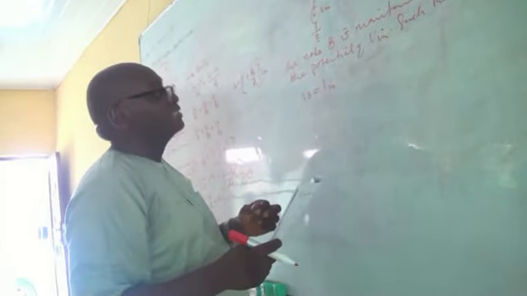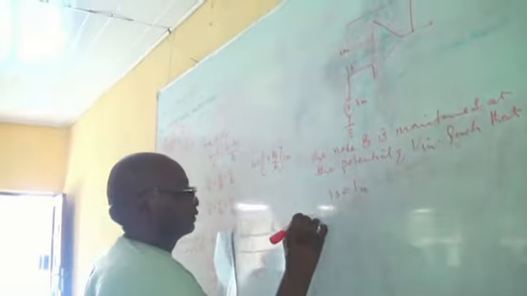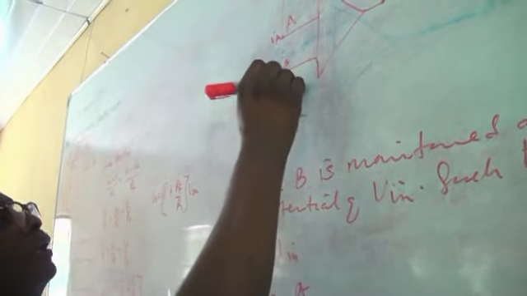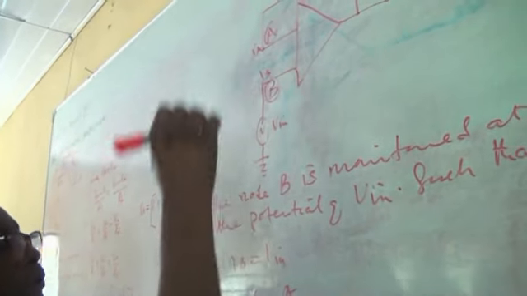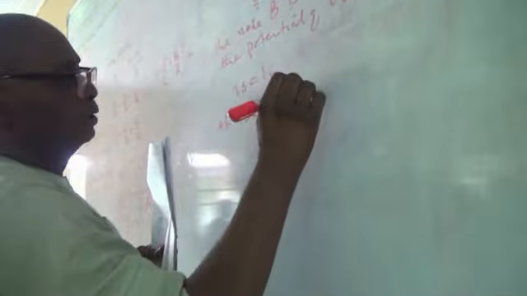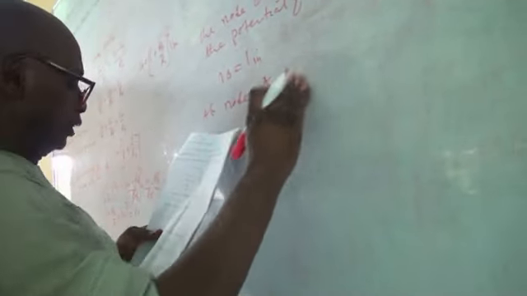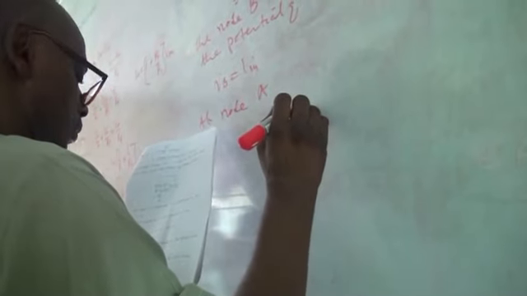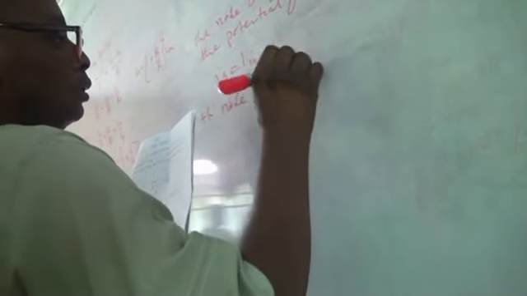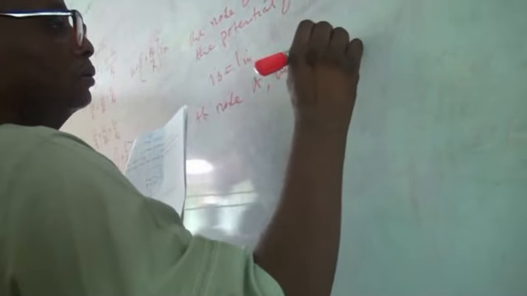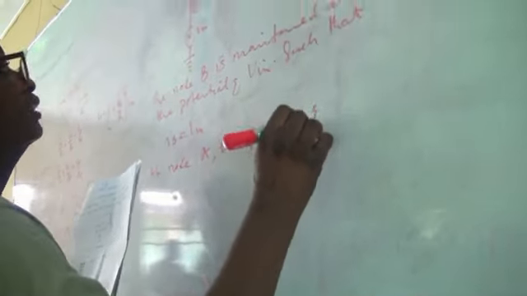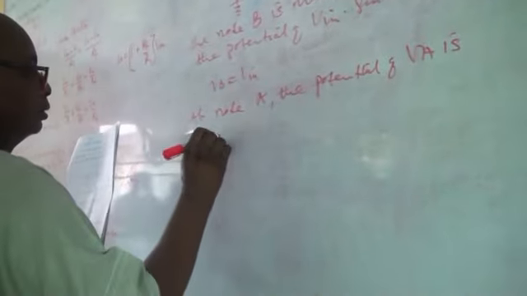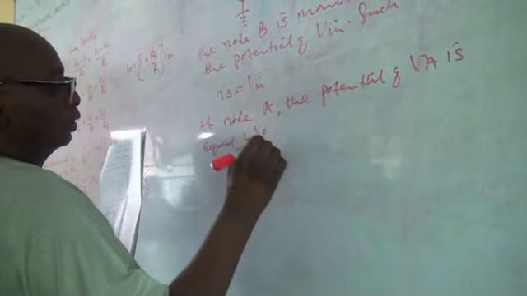Then node A, let's say A, and this one B. Node A is maintained at the potential of VA equal to V naught.